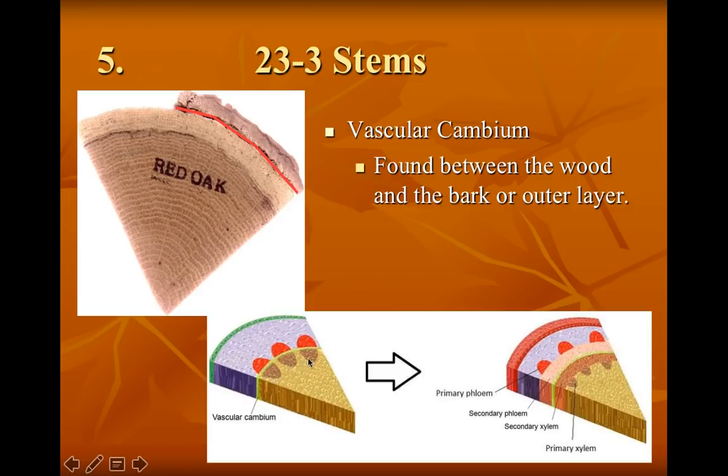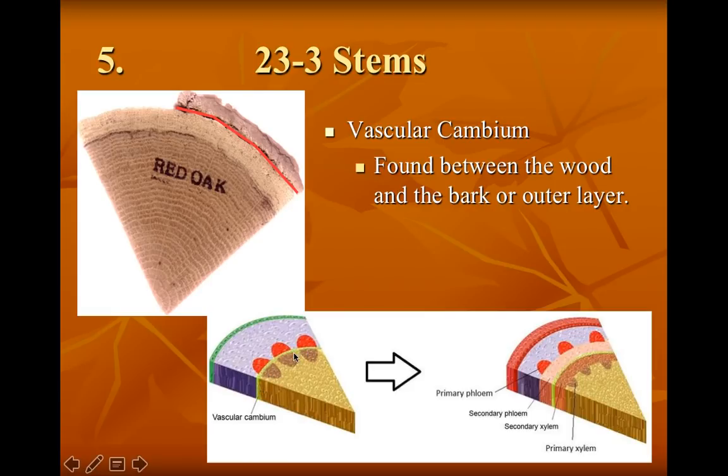The brownish structures you see here are xylem, and these are phloem. In any case, you have xylem and phloem. Remember, they form this ring. Even though this has been cut away, they would form a ring. And then this is ground tissue, this is ground tissue, there's the dermal tissue. So vascular cambium lies between the xylem and phloem.